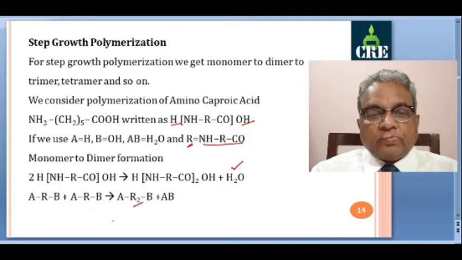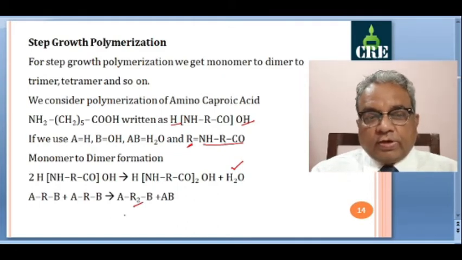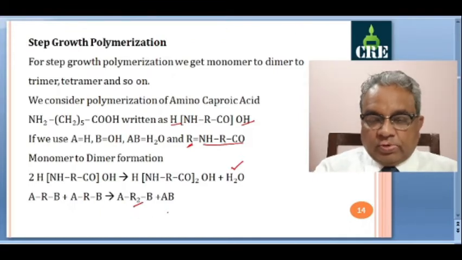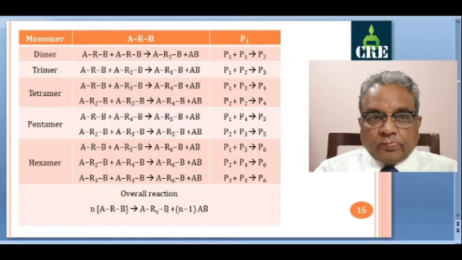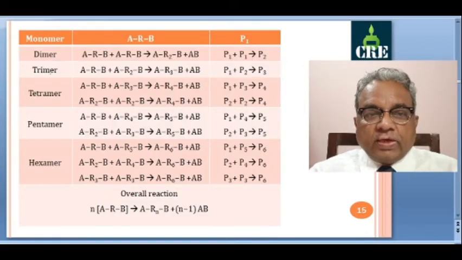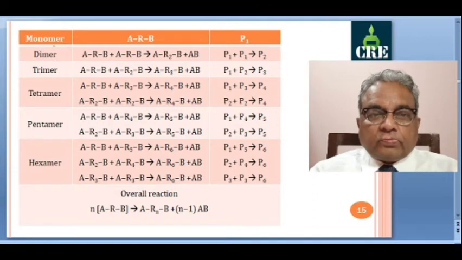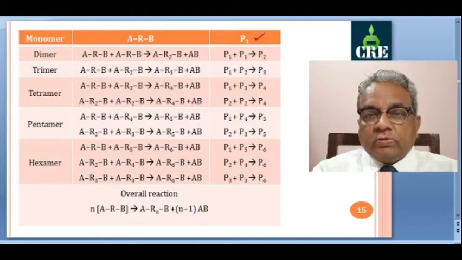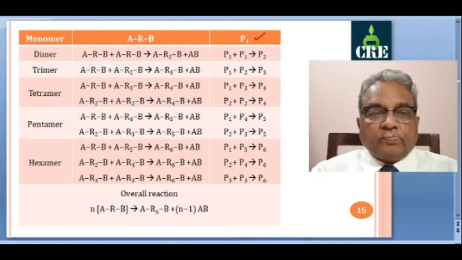And similarly, we will have dimer to trimer, trimer to tetramer, tetramer to pentamer, pentamer to hexamer, and so on. This we will write in this table. So monomer ARB is written as symbol P1.